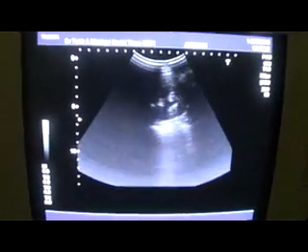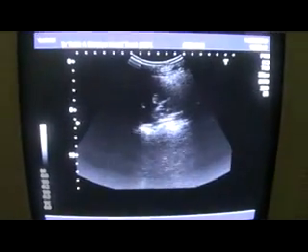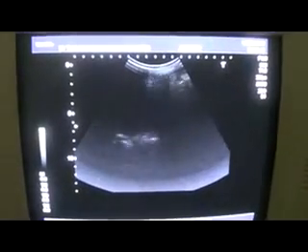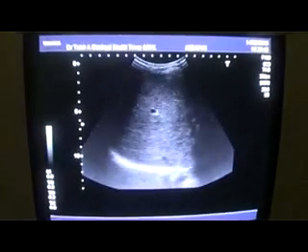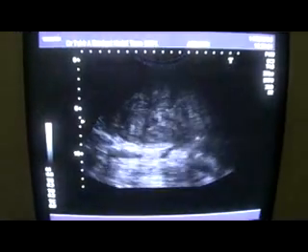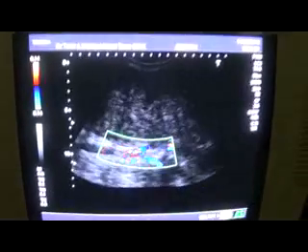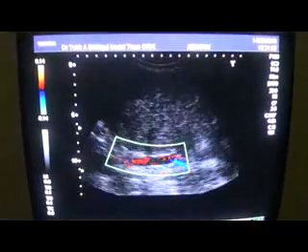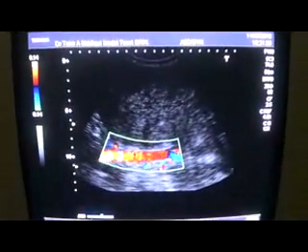So no significant effect on the ureter on the right side even. No significant dilation of calyces is seen. No focal lesion seen in the liver. And here is the area we studied, mainly the aorta. Let's review.